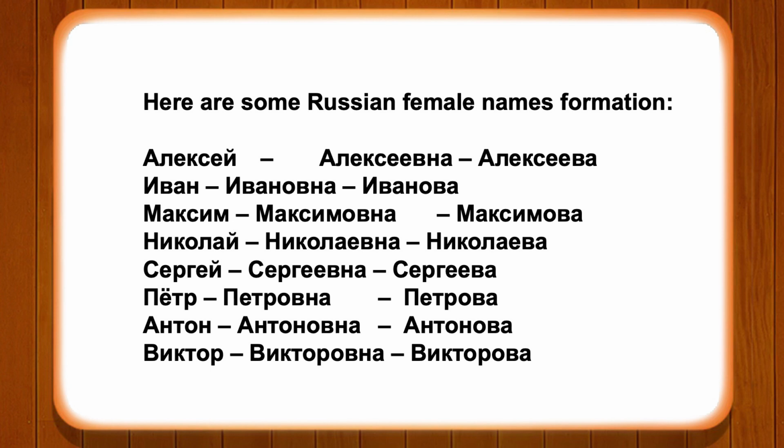Anton is the father, Antonovna, Antonova. If the father is Pyotr, then she will have the otchestvo Petrovna, or if the father is Sergey, then the daughter will be called Sergeyevna, and the family name can be Sergeyeva, Petrova, Antonova, Viktorova, Nikolaeva, Maximova, Alexeyeva, Ivanova, and so on.